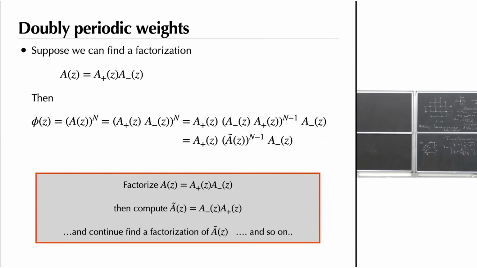So the spectral curve of A tilde is the same as the spectral curve of A. So the spectral curve doesn't change. What you get is a dynamical system on matrices that have the same spectral curve, given by the determinant of A(z) minus lambda equals 0.